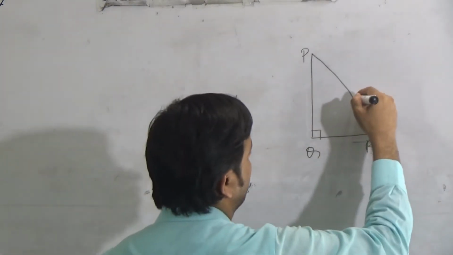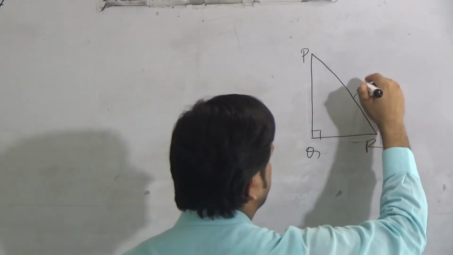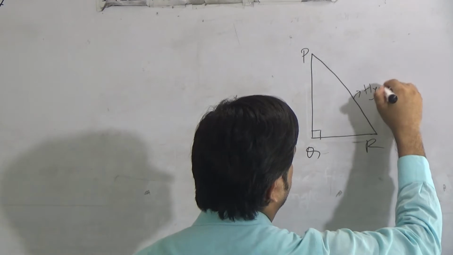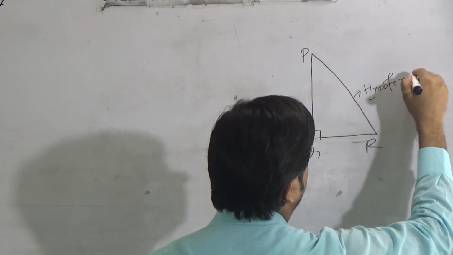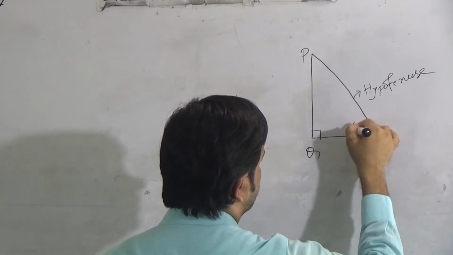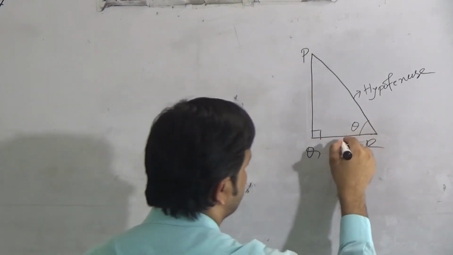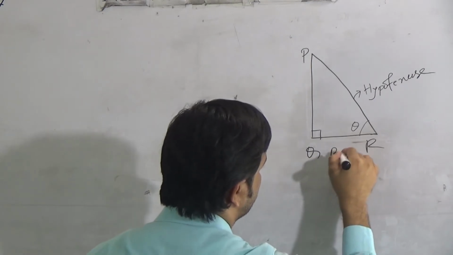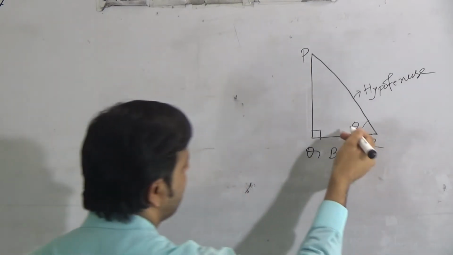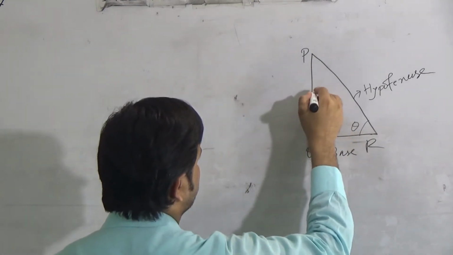So we know the opposite side of the right angle is known as hypotenuse, and if we consider angle R as theta, the adjacent side of this angle except hypotenuse is known as base, and the side opposite to the angle theta is known as perpendicular.